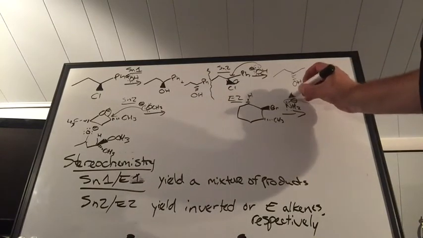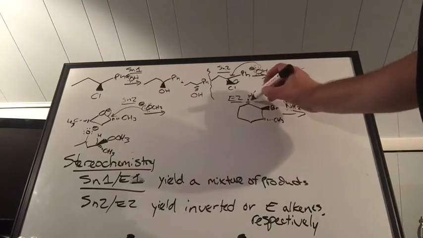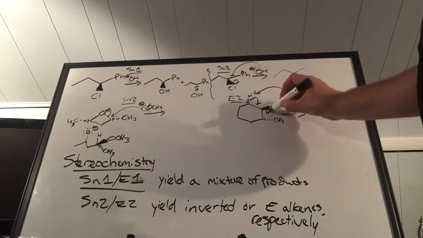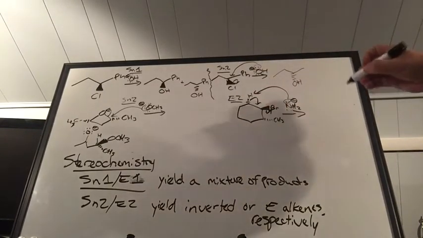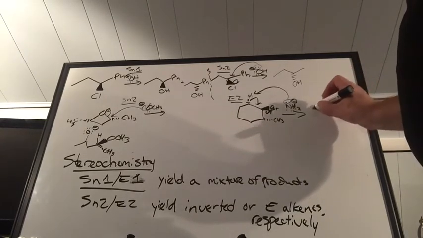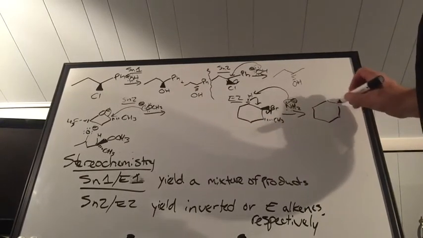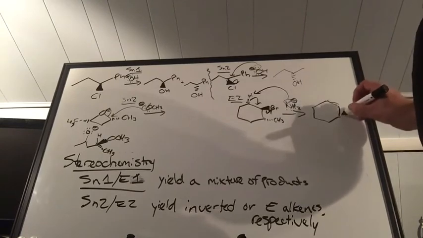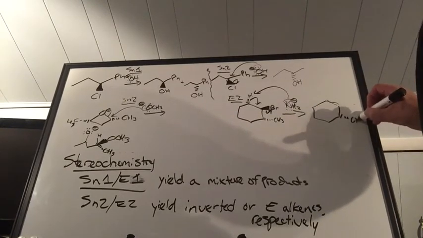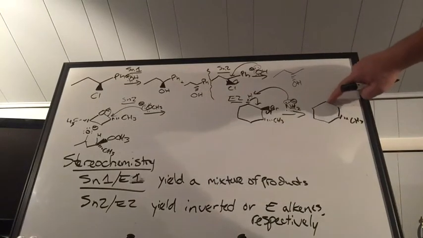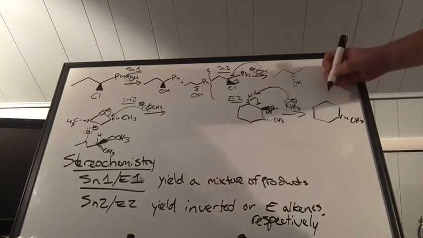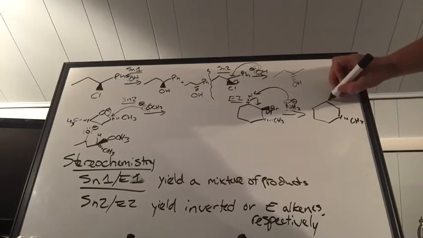It's going to get deprotonated to fall over and with its electrons and kick off that bromo group. Okay, so in other words, you're going to get this product instead, which is going to be stereospecific. Okay, draw this a little bit better. There you go.